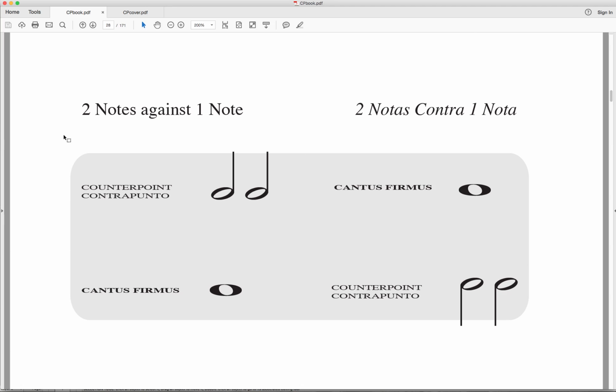And what you have now is two notes against one note. And this is the cantus firmus, or the melody. And you may have the melody on the top or the bottom. And if you do have it on the top, remember, you see that the stems going down there on the left side, and if they go up, they go on the top.